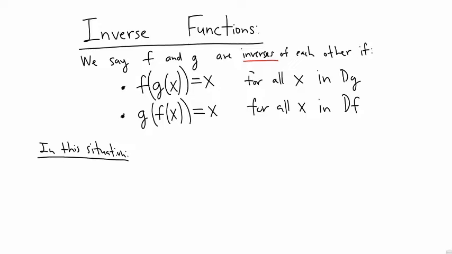So what happens for two functions that are inverses of each other? For one thing, if I take an x in the domain of g, this top line, g of x is in the domain of f.